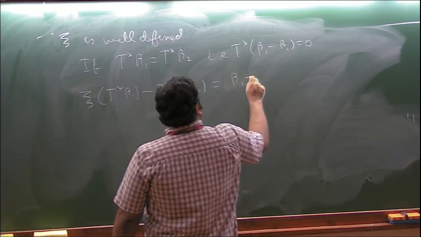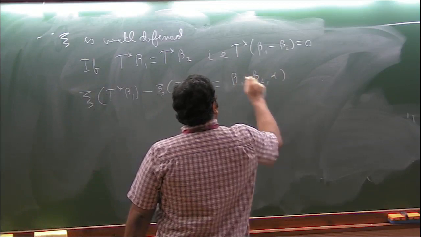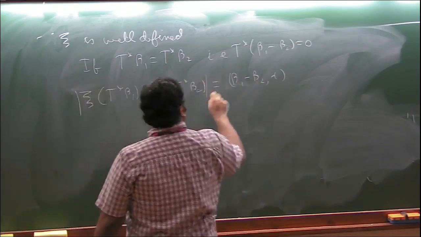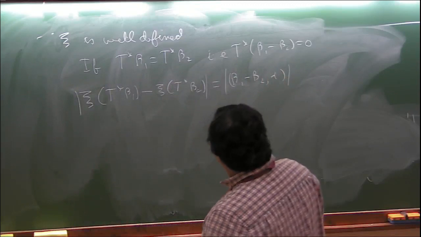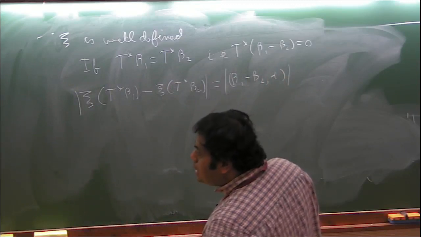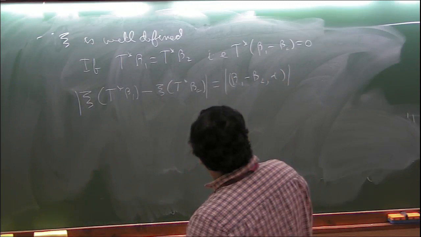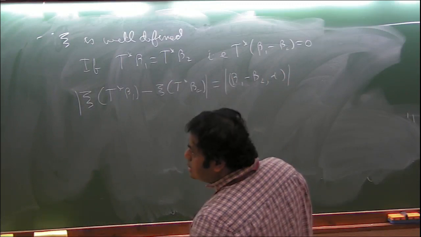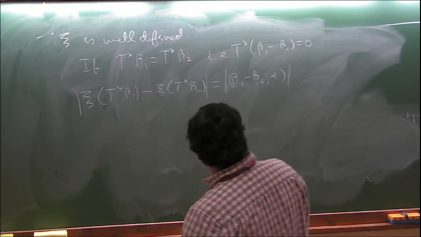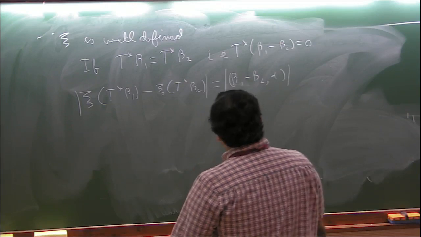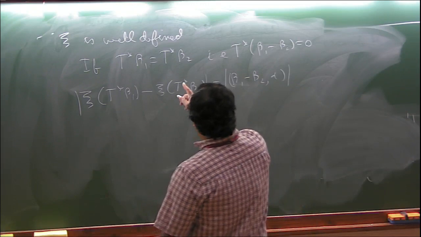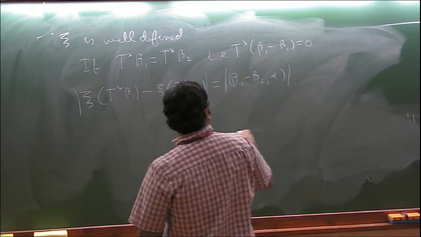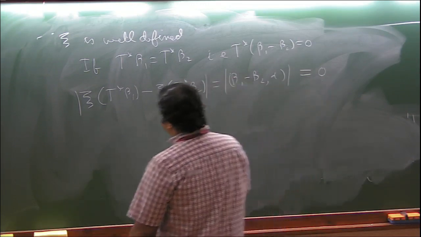It is (beta 1 minus beta 2, alpha), right? And now if you try to estimate that, so that has to be 0, right? Because T star beta 1 is equal to T star beta 2, right? All right.